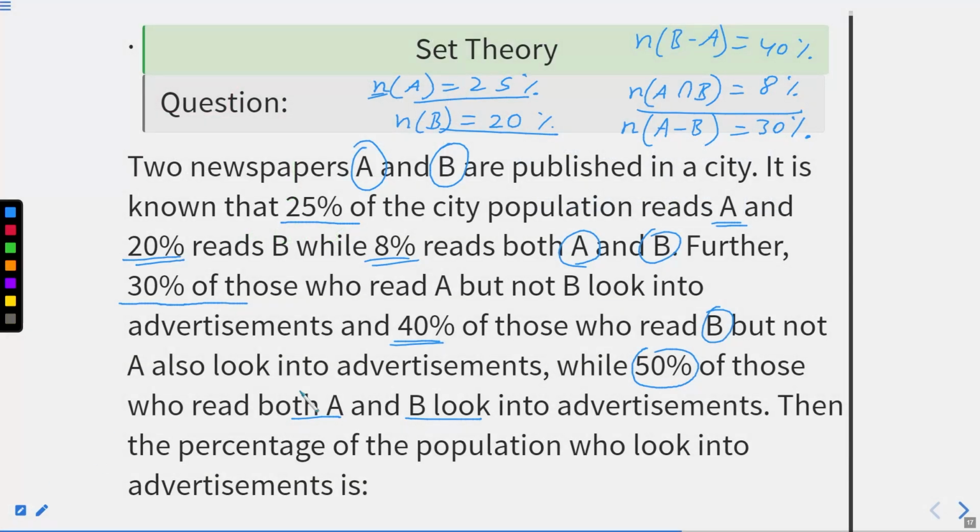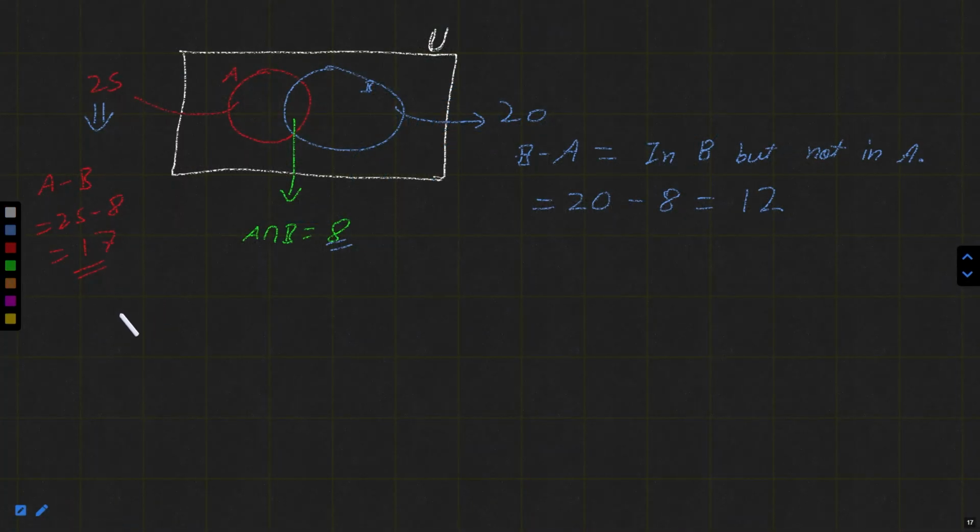Now the question says 30% of those who read A but not B look at advertisements. So 30% of 17 is 0.3 into 17, which is 5.1.